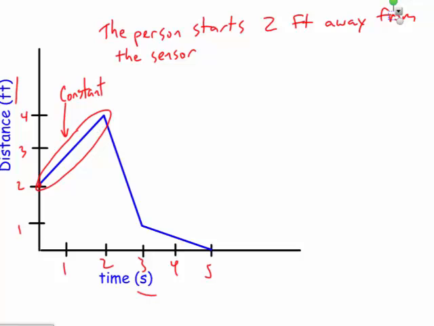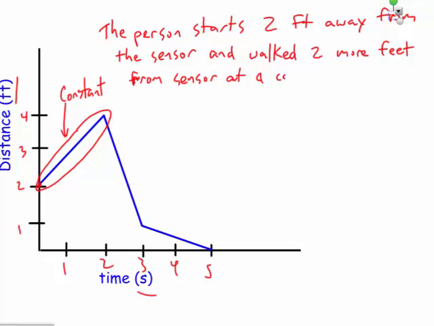So you could say started 2 feet away from the sensor and walked 2 more feet from the sensor at a constant speed. It's kind of important to say at a constant speed because it didn't increase its speed, it didn't decrease, it went at a constant speed in the next 2 seconds.